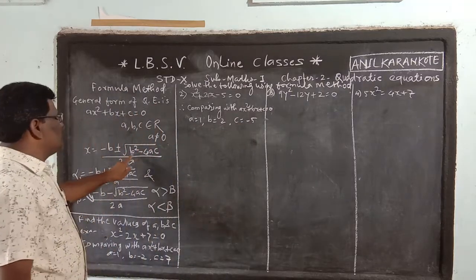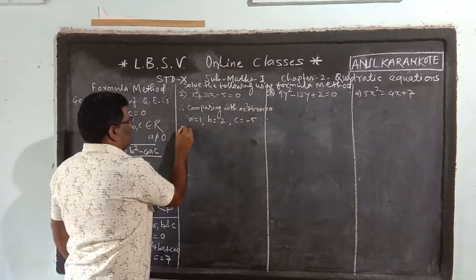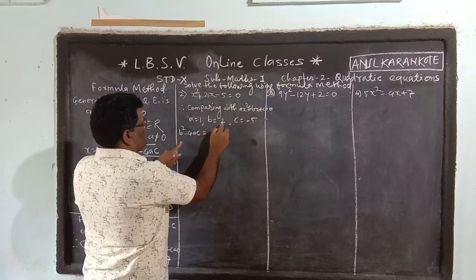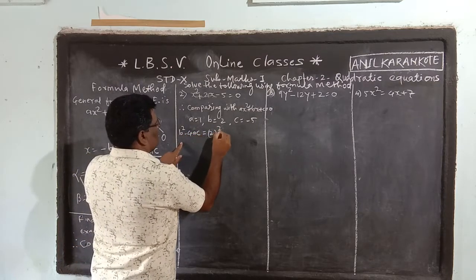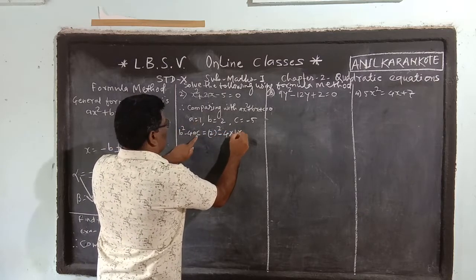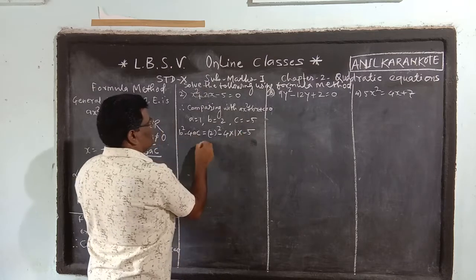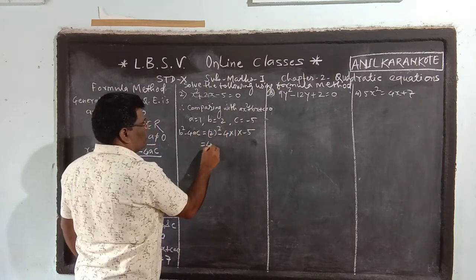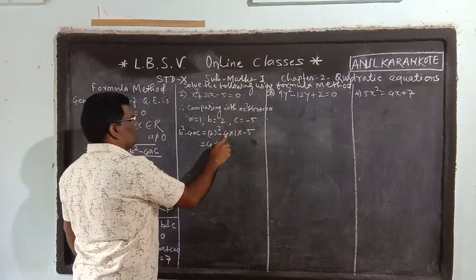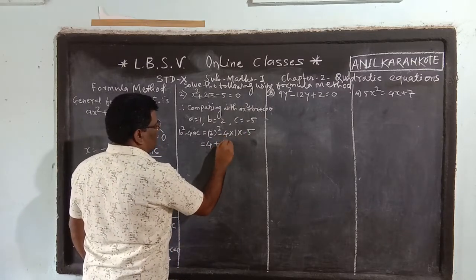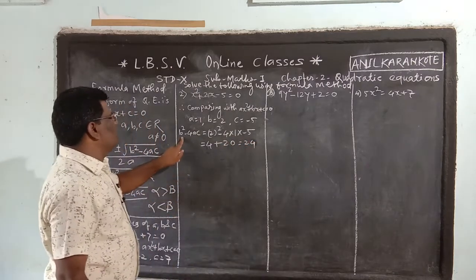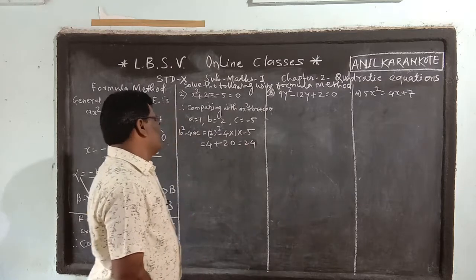Find the value of b square minus 4ac. b square minus 4ac is equal to 2 square minus 4 into 1 into minus 5, is equal to 4 plus 20, is equal to 24. Therefore the value of b square minus 4ac is 24.